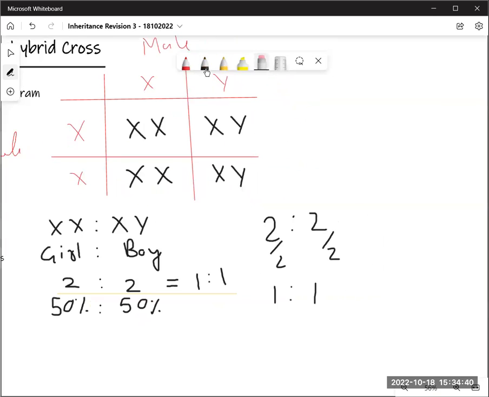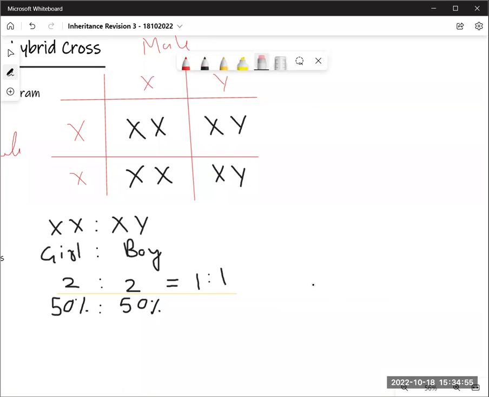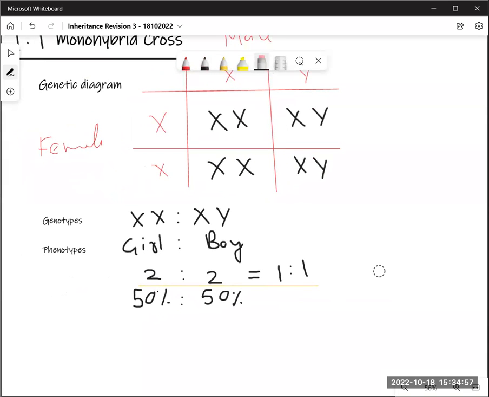In a similar way, if I had, let's say, 4:2, I could simplify this to 2:1 by dividing both sides by 2. Isn't only the percentage necessary, or do we have to also do this? Say that again. I thought only the percentage is necessary, like 50%. No, this part is more necessary, not the percentage. Percentage is necessary, but this ratio right here is more important than the percentage. Fine.